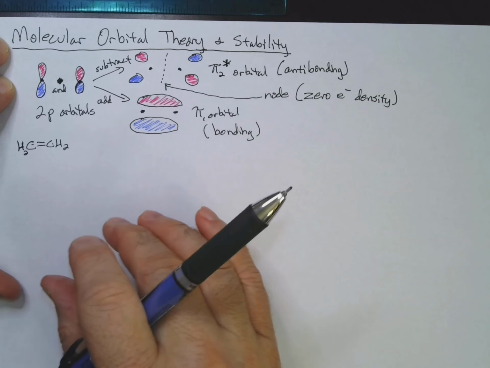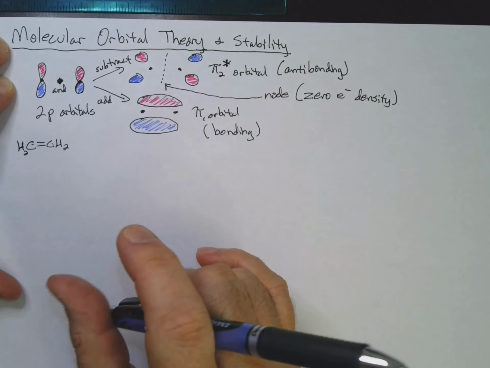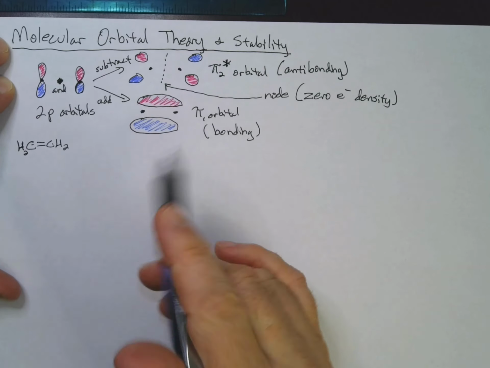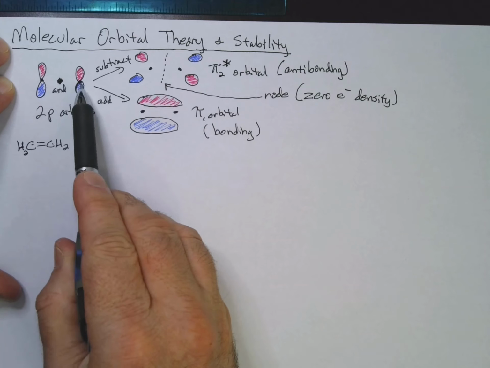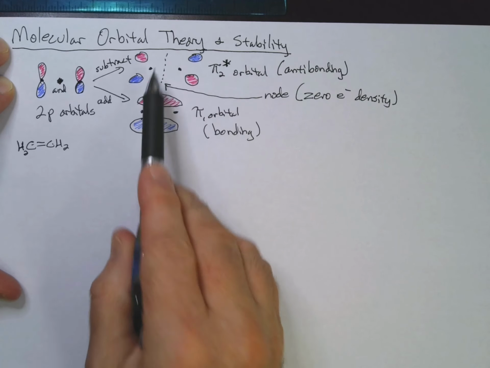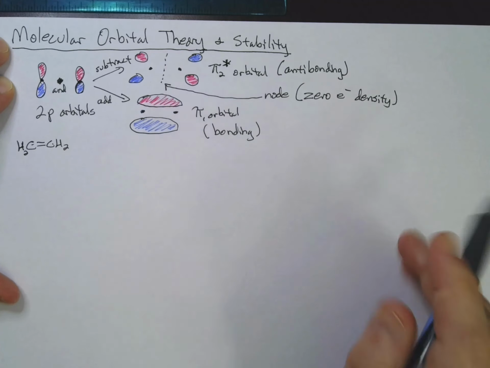Because really the sigma bonds are best described as valence bond theory. All right, so for every atomic orbital we combine, we're going to get a molecular orbital. So if I've got 2 p orbitals, I'm going to get 2 molecular orbitals.